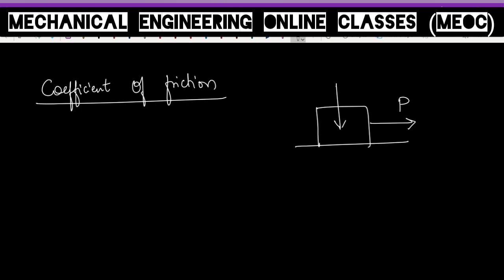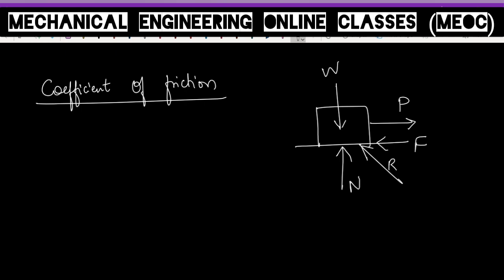The object is subjected to an external force P acting rightward. Let the weight of this object be W, and suppose the reaction is something like this. If we split this, then we will have a frictional force acting tangentially, opposite to the direction of motion, and a normal reaction.